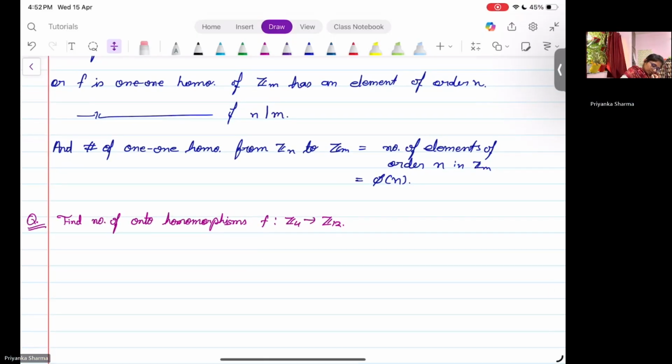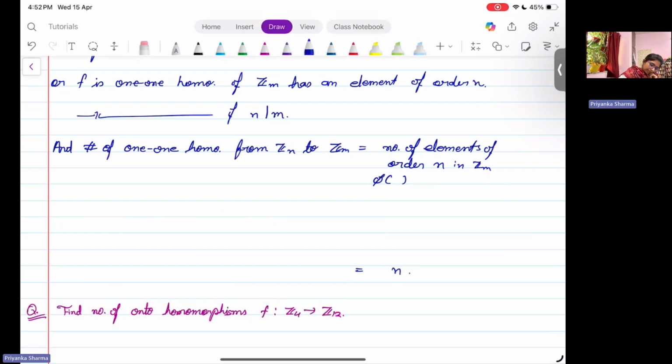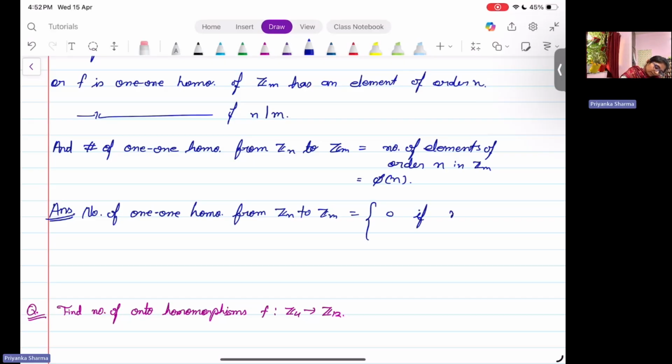Okay. So I can conclude it as: the number of 1-1 homomorphisms from Zn to Zm is 0 if n does not divide m, and it is phi of n if n divides m.